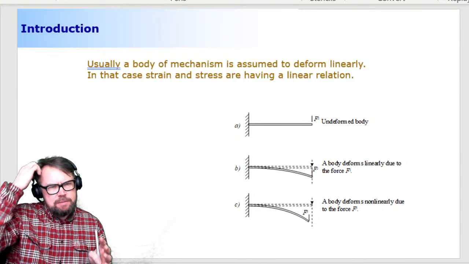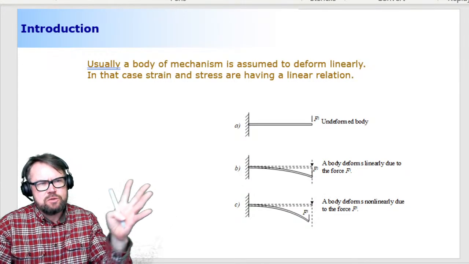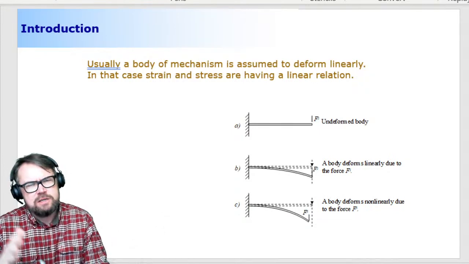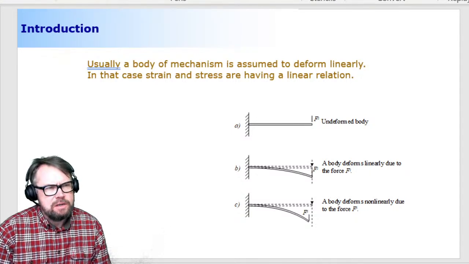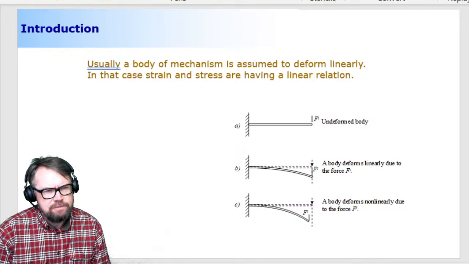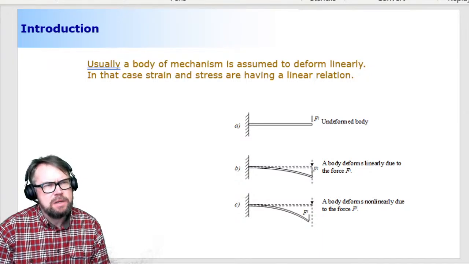This flexible multibody dynamics has two different schools or categories. The first category is people and methods capable of dealing with small deformations. Small deformations means that your strain-displacement relationship is assumed to be linear.